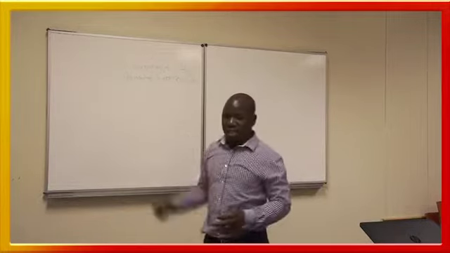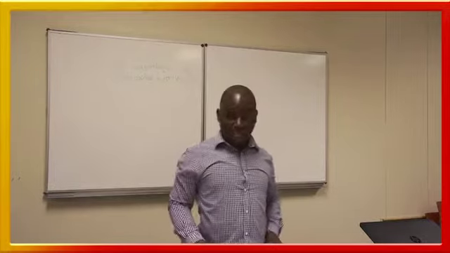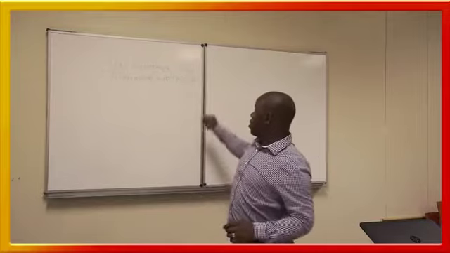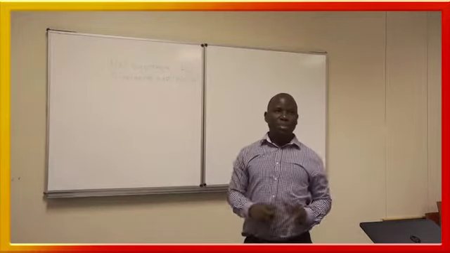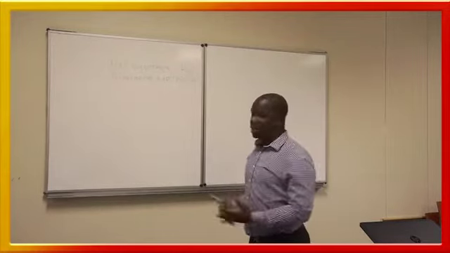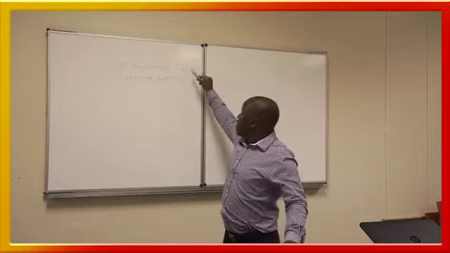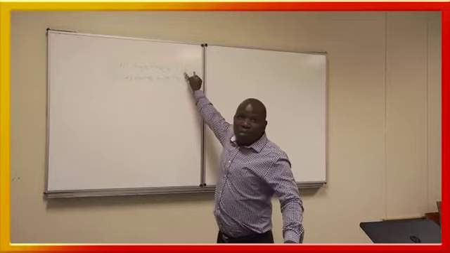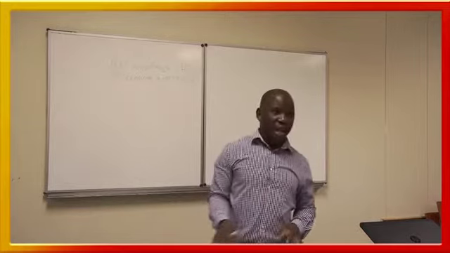This alternative hypothesis is sometimes referred to as a research hypothesis. It is the one that will cause people to say, no, we need to research in order to either reject or fail to reject the null hypothesis.